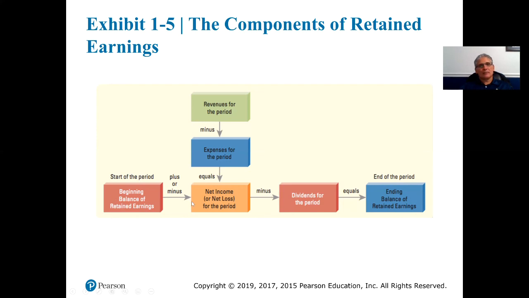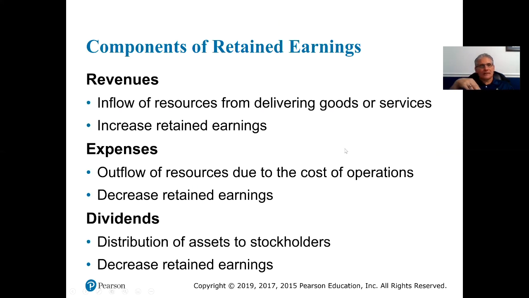So beginning plus net income or subtracting a loss, minus any dividends paid, gives us our ending balance of retained earnings. This is breaking down in a little bit more detail all that we just reviewed. Revenues, inflows of resources from delivering goods or services. Expenses are outflows of resources due to the cost of operations. And dividends, distribution of assets to the stockholders.